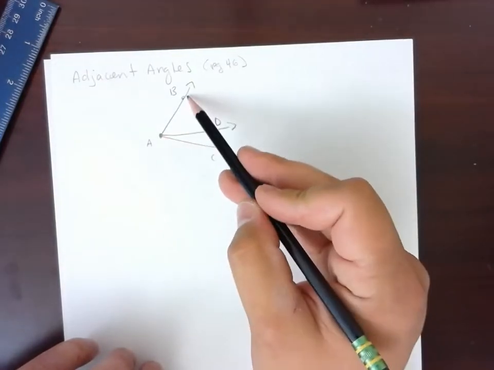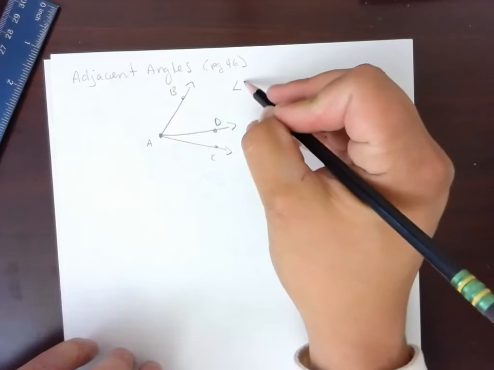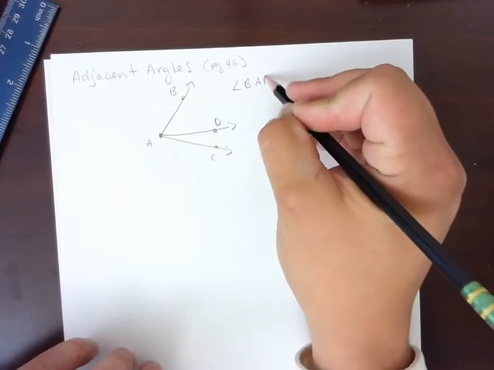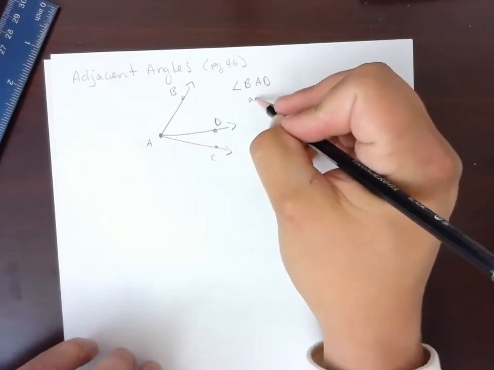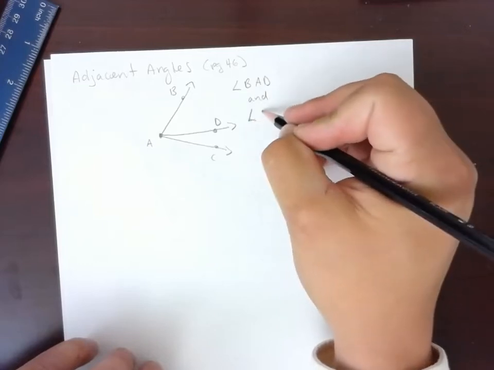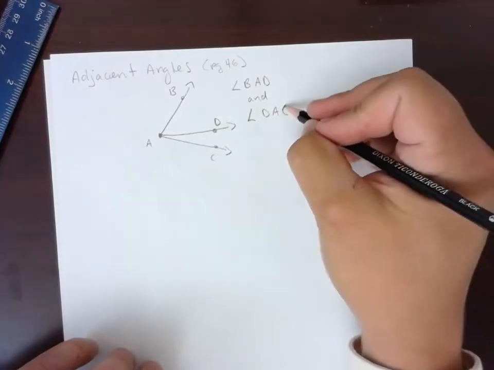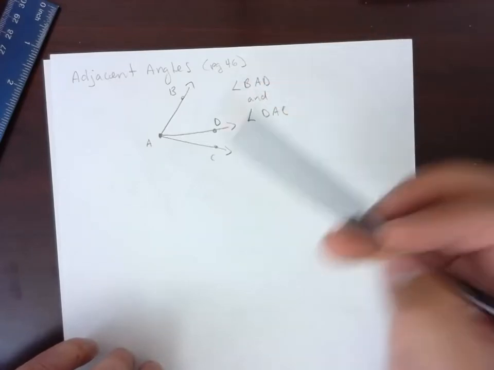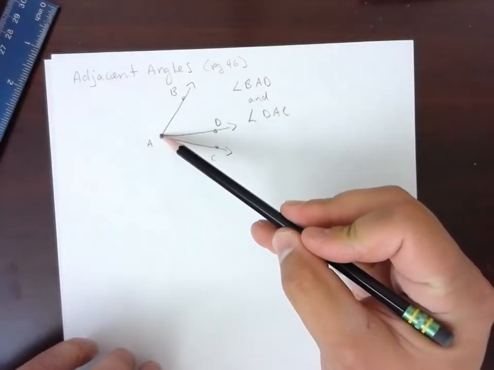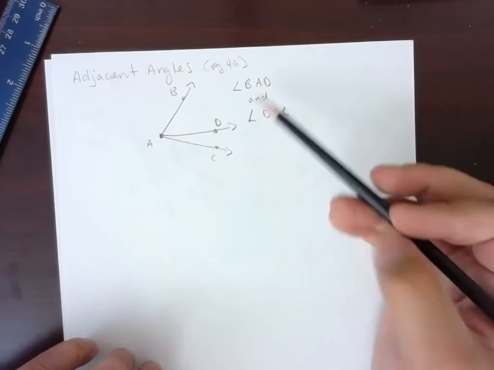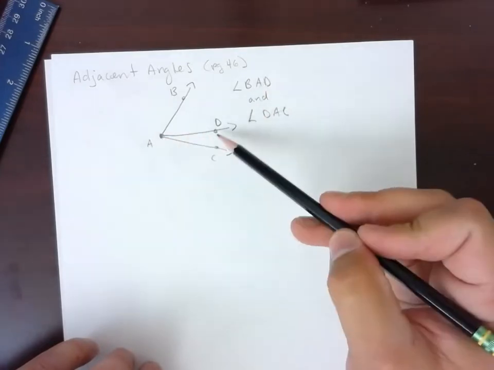Here I have angle BAD and angle DAC. That would be considered adjacent angles. They have a vertex in common, they both have A, and they both share this side, this ray AD.